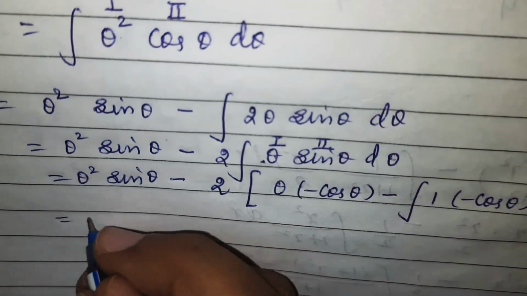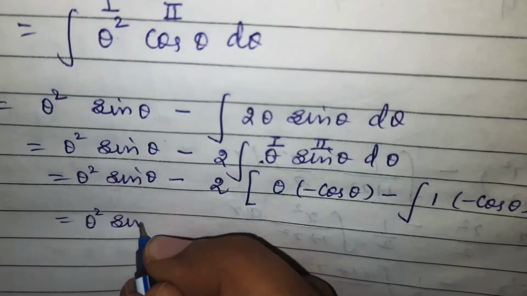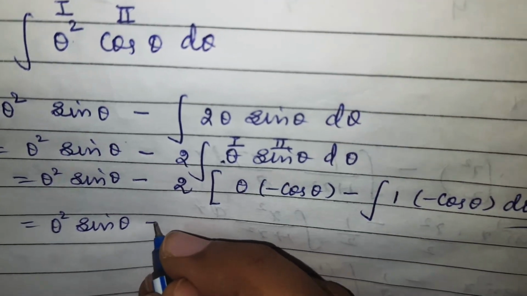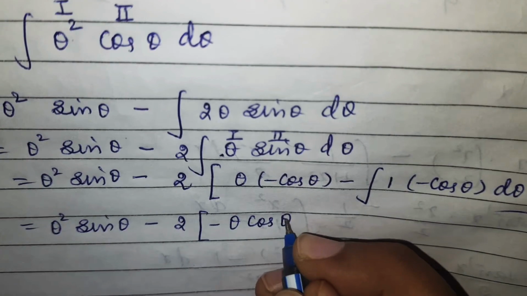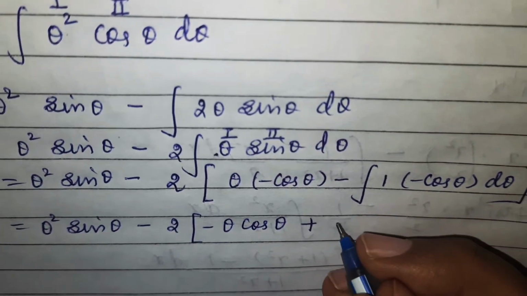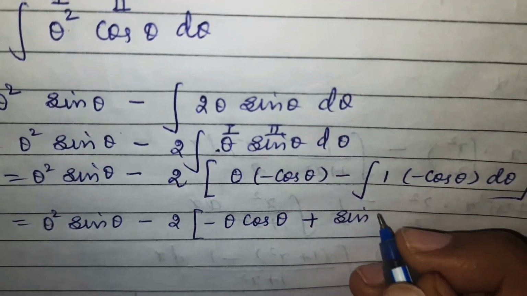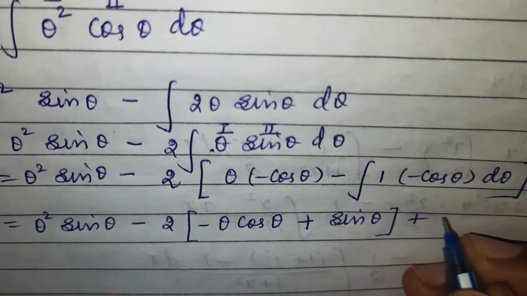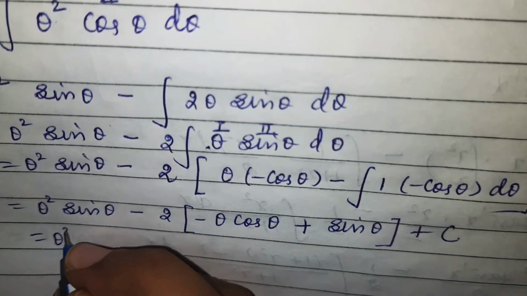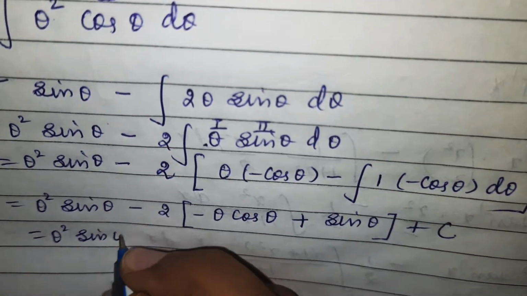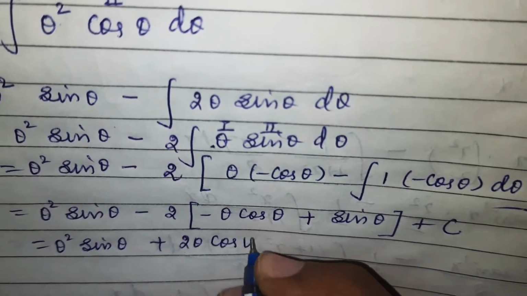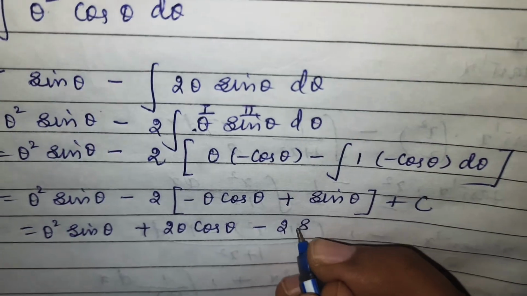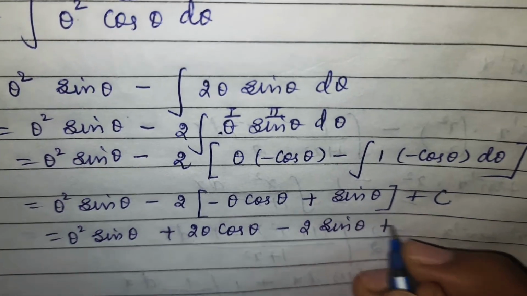So you will be getting theta square sine theta and this will become minus 2 times minus theta cos theta, and plus integration of cos theta is sine theta plus c. So theta square sine theta plus 2 theta cos theta minus 2 sine theta plus c.